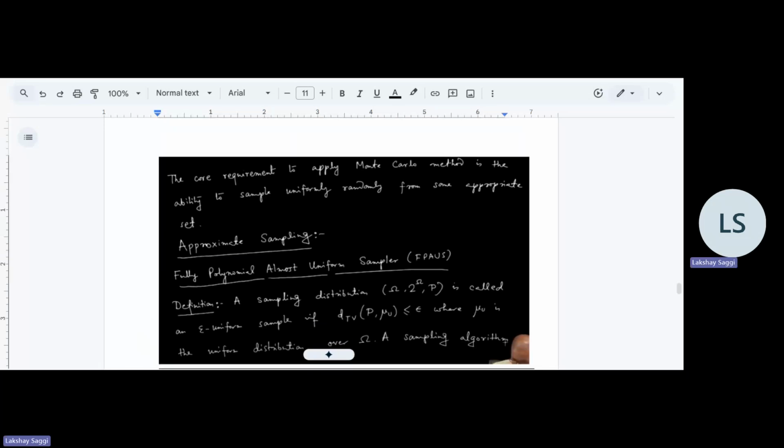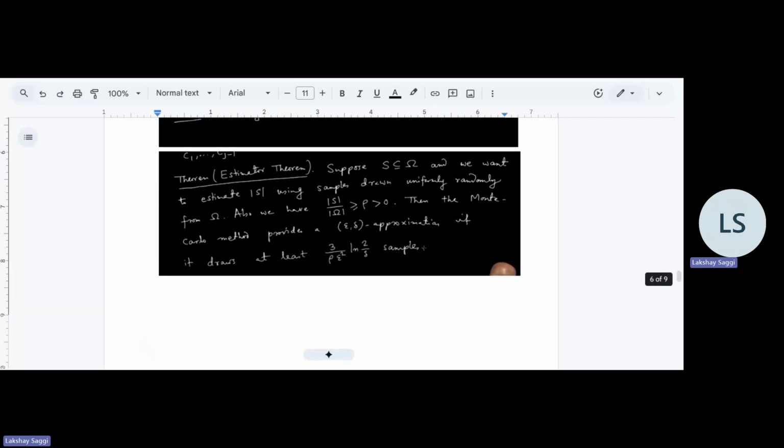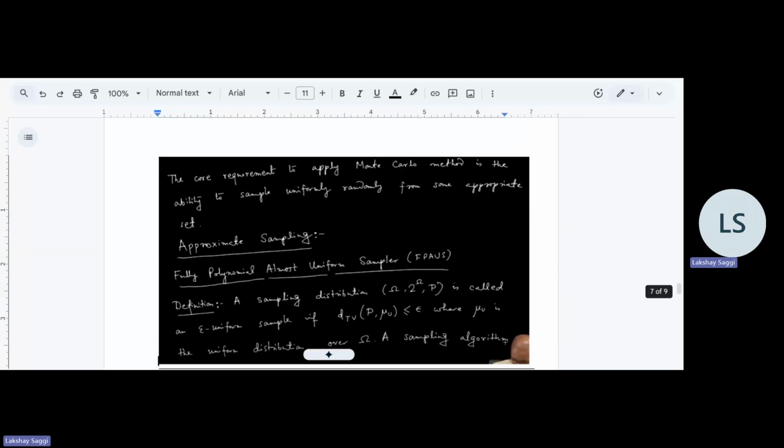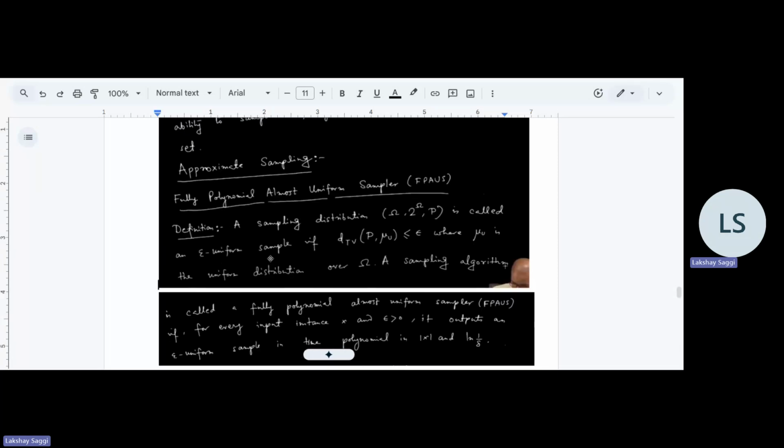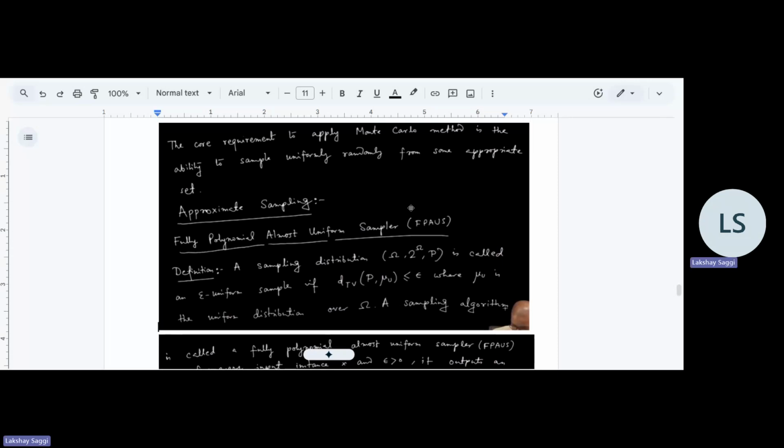In all these algorithms we discussed, estimating the value of pi or estimating the count of DNF solutions, what we assumed was an ability to sample uniformly randomly from some appropriate set.